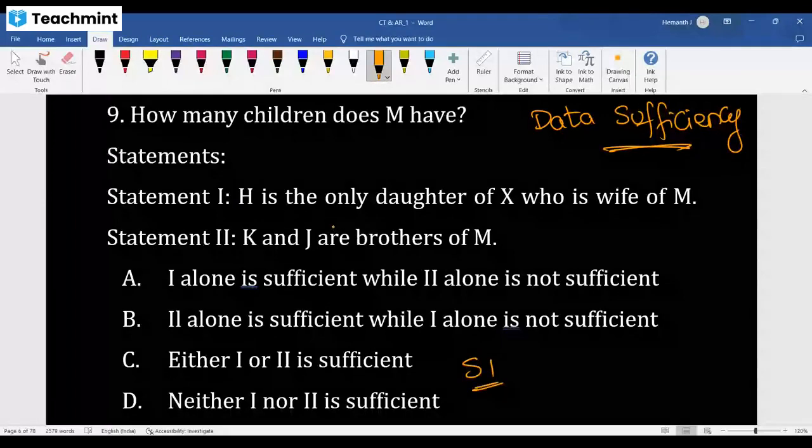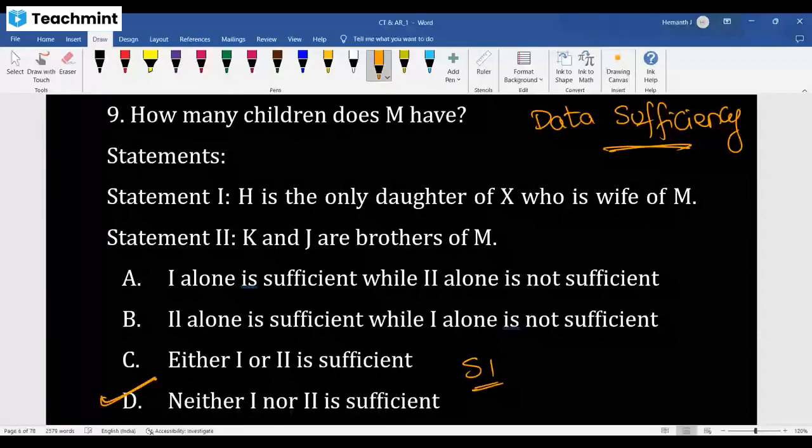H is the only daughter of X. Who is the wife of M? How many children are they asking? It can be daughter or only child of X, okay, but fine here. K and J are brothers of M. I think neither one nor two I can go. Why? Because of statement 1 alone.